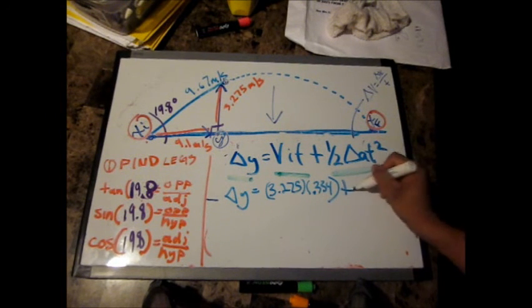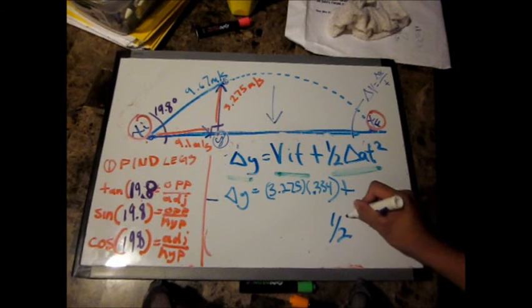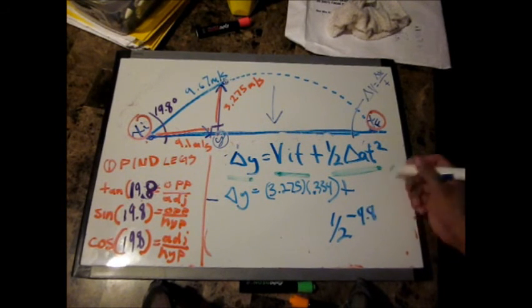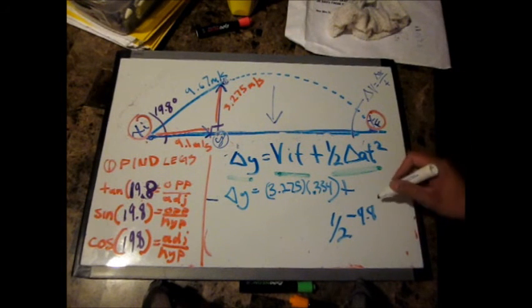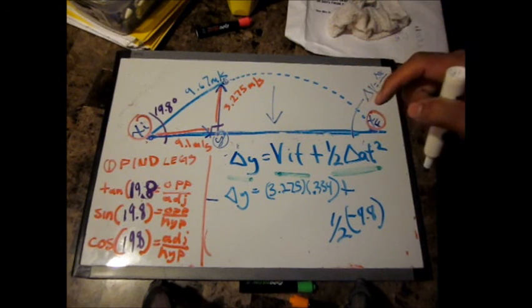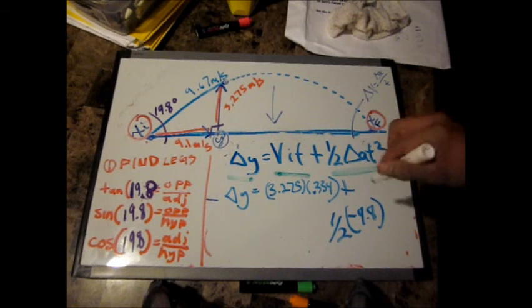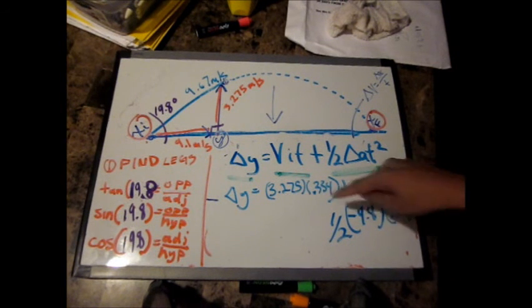And then we're going to add that to 1/2, and our acceleration is negative 9.8 because we're trying to go up and the acceleration is gravity going down. And then here we have 0.334 squared. So, as you can see, I just simply plugged in the numbers.